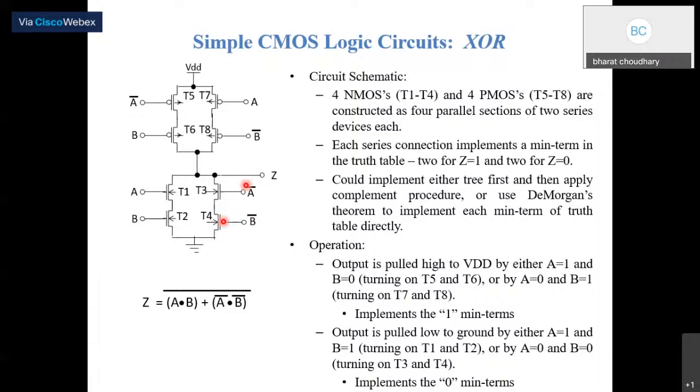The series combination will be given as the expression A bar into B bar, and there is a parallel combination of T1, T2 and T3, T4. This will give the OR operation, and finally it will be complemented at the output because these are connected in the pull down network. So this is all about CMOS circuit operations in 4 different gates.